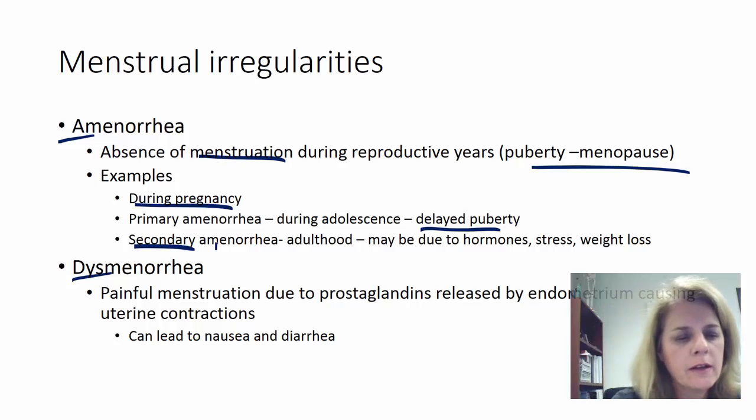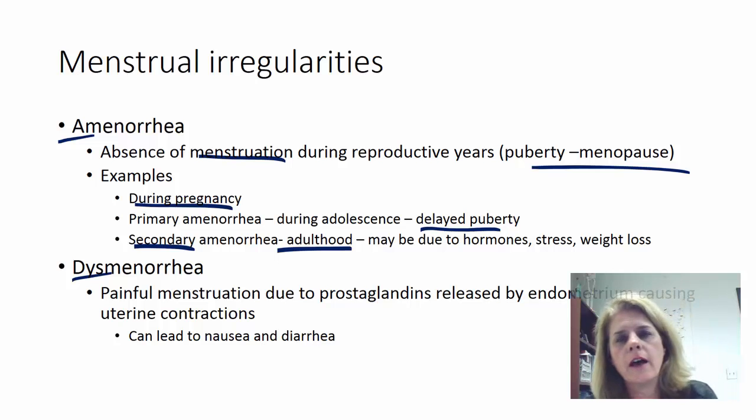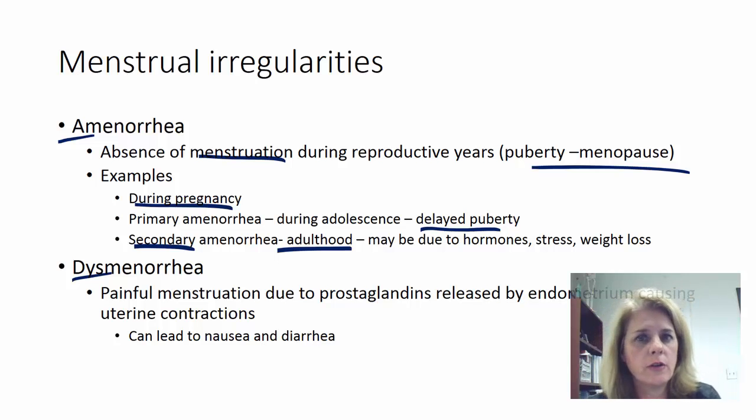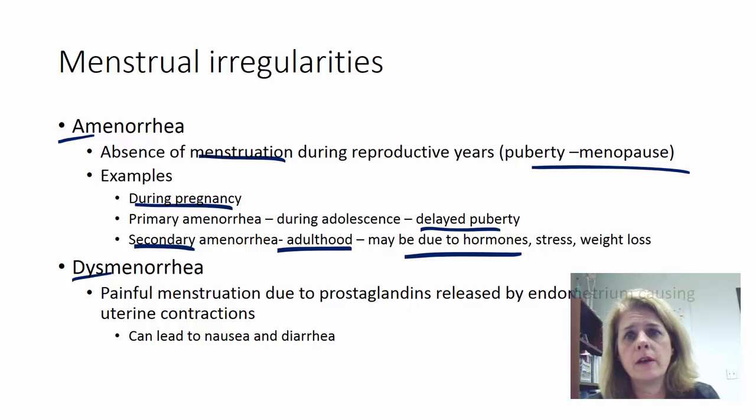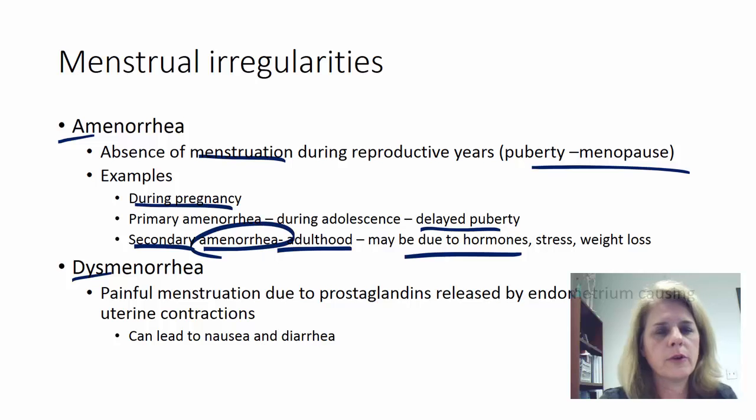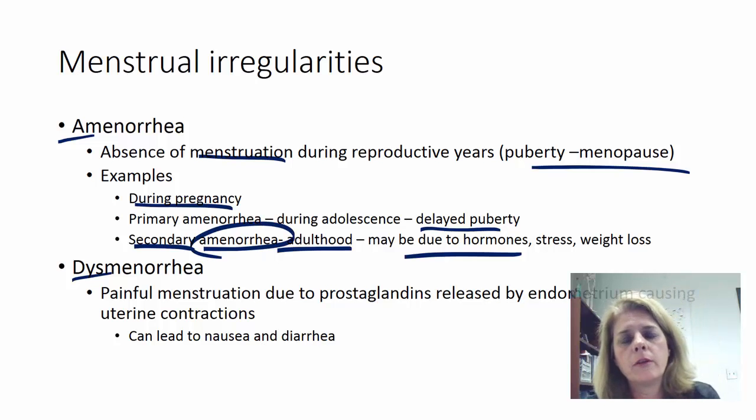Secondary amenorrhea occurs in adulthood, and this is for some reason as you get older, not menopause, but you're not having your period. Maybe a hormonal imbalance, maybe you're hyperthyroid or hypothyroid, and a lot of people that are hypothyroid have problems with their period. Could be stress. Stress does a lot to our bodies.